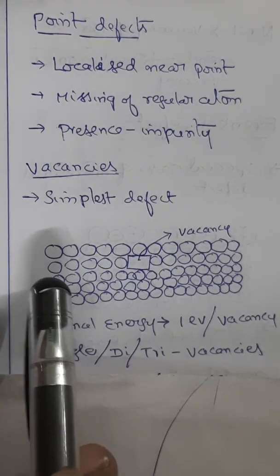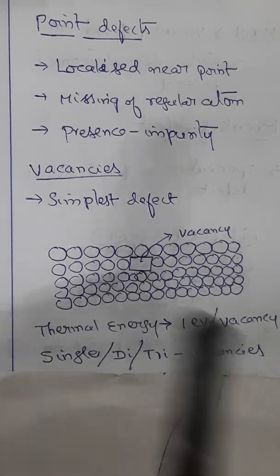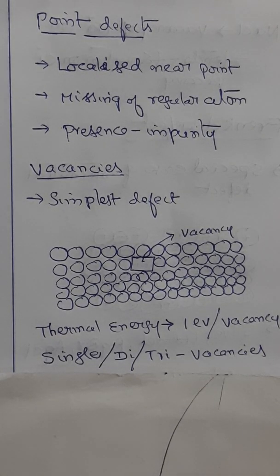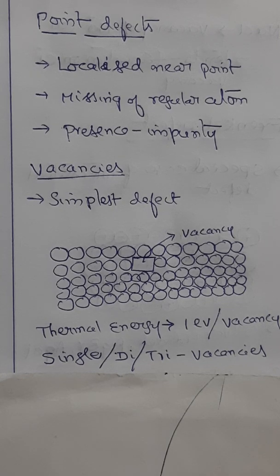For example, look at this diagram. Here there is a vacancy; an atom is missing here. So in any crystal lattice, when an atom is missing from its position in a regular periodic arrangement of atoms, it creates a vacancy in its position, and the periodicity of atoms is automatically lost. This defect is what is known as vacancy.